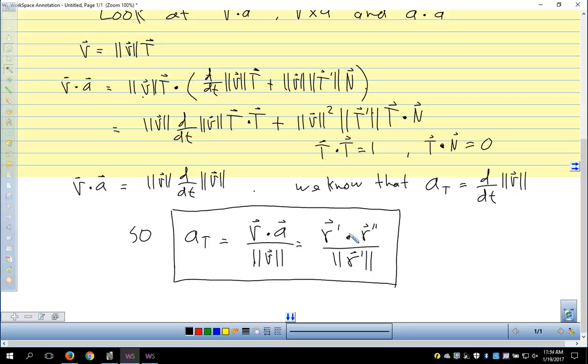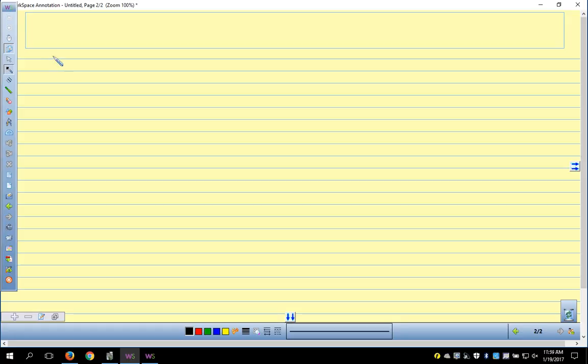Now let's look at v cross a. We're going to use the same quantities for our velocity and our acceleration as we did in the previous one. So we get the magnitude of v times our unit tangent vector, and we're going to cross that with our acceleration vector.